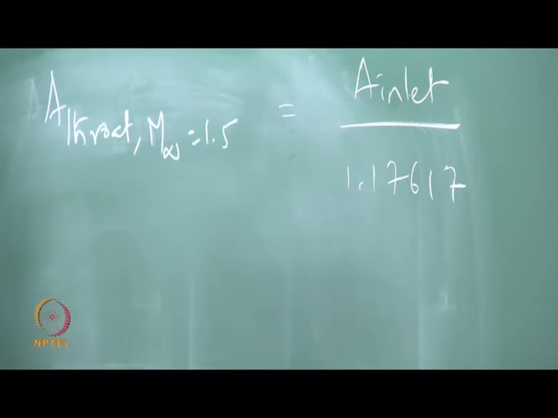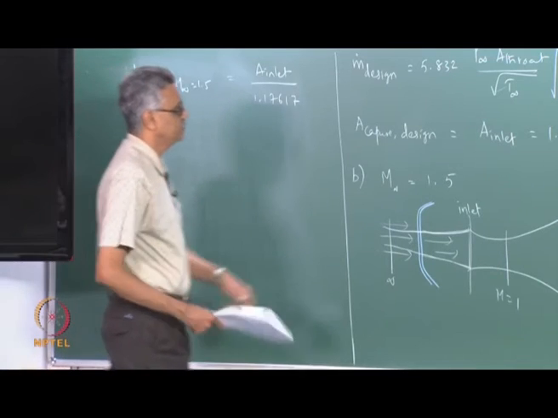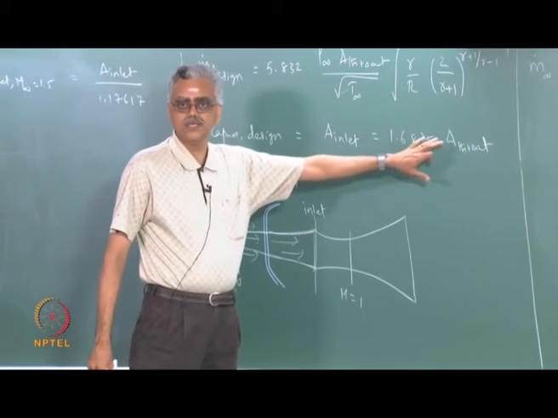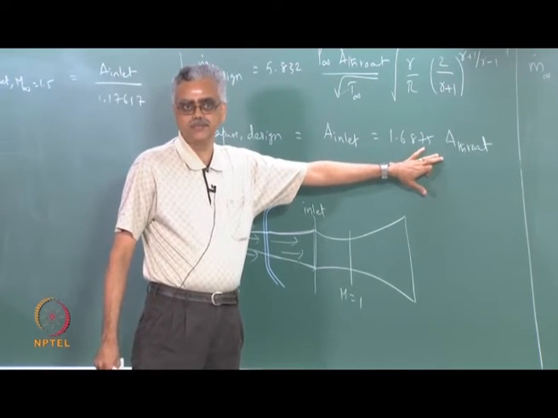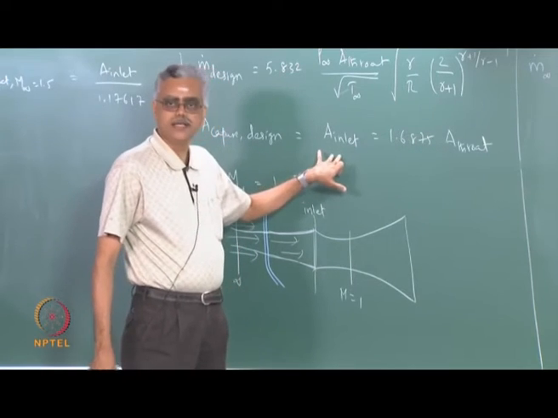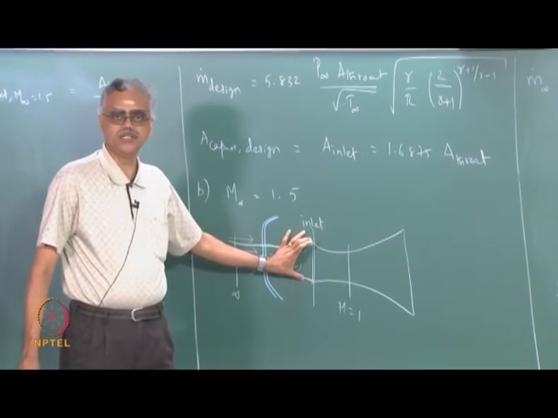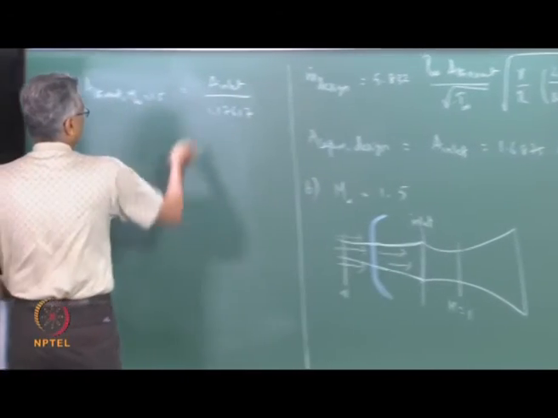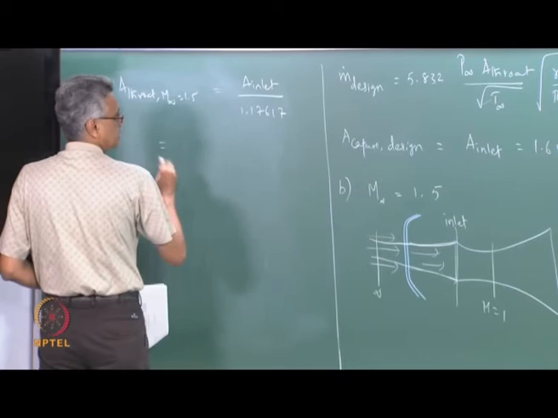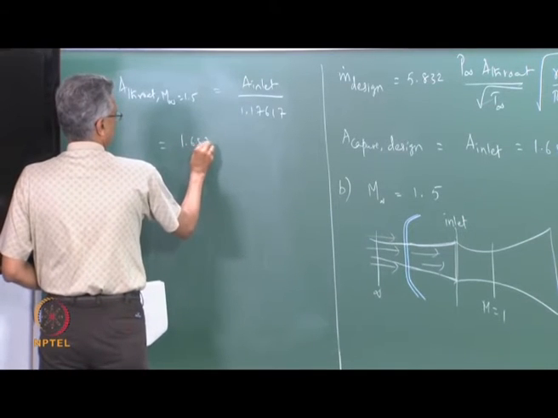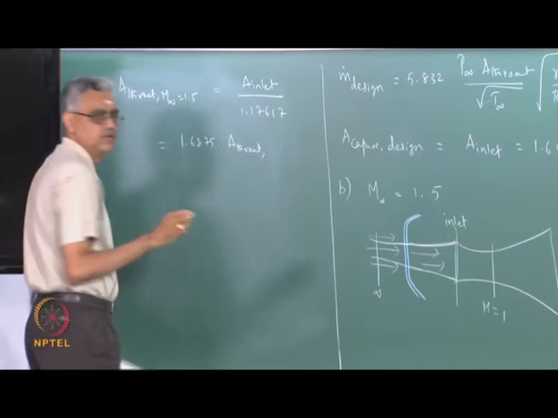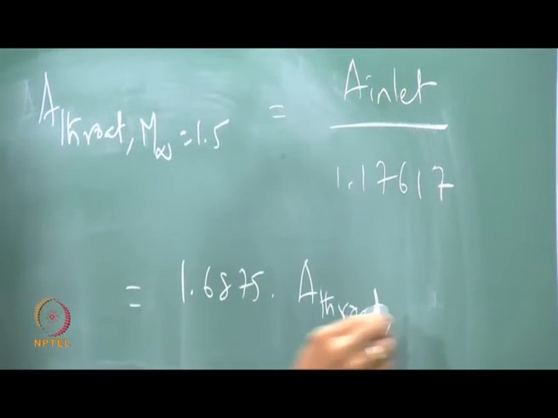But we also know from design conditions that the inlet area is 1.6875 times the throat area under design operating condition, right. The inlet area remains the same in all the cases, only the throat area is changing. So that means I can replace this like this, A inlet is 1.6875 times A throat under design operating condition.